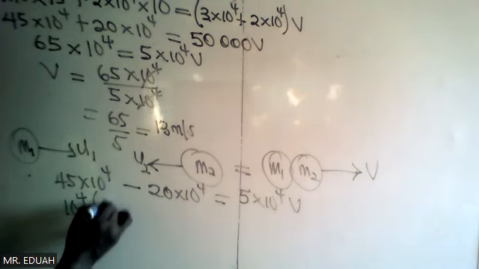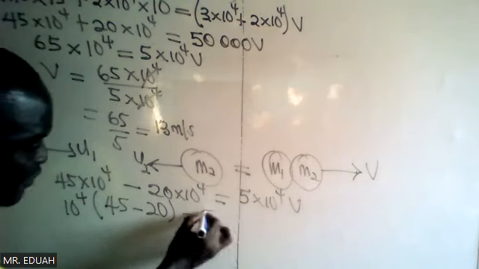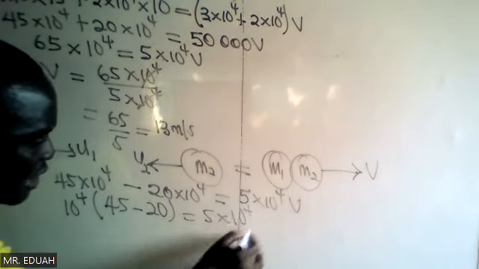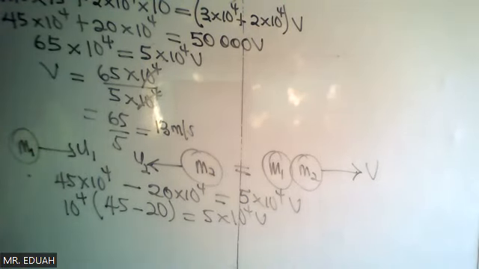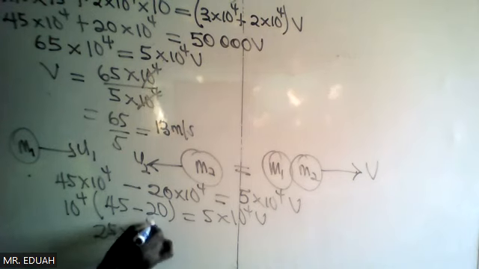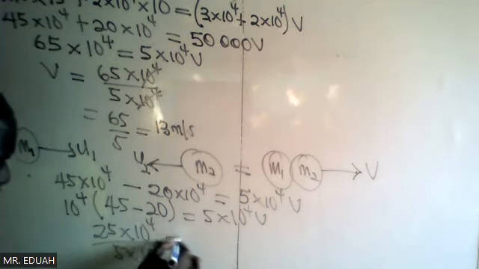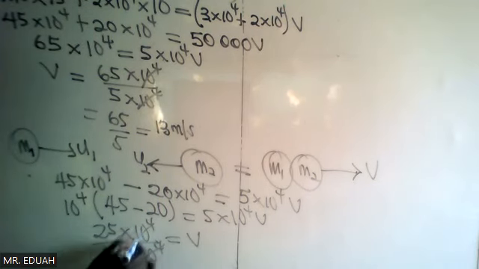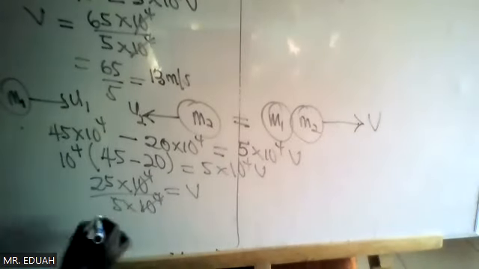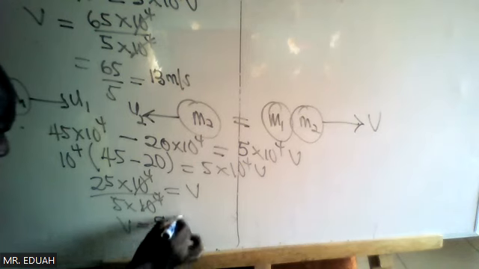So when you factorize it out, you have 45 minus 20, and this is 5 times 10 to the power 4 V. 45 minus 20 is 25. So you have 25 times 10 to the power 4 divided by 5 times 10 to the power 4 is equal to V. This and this will cancel. And when they are moving in opposite direction, V is equal to 5 meters per second.